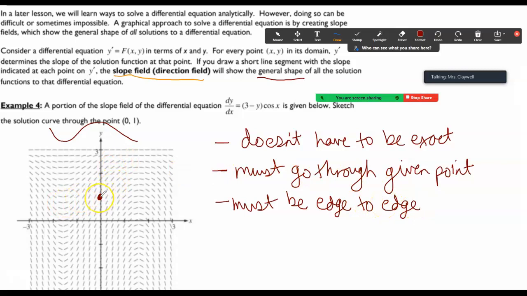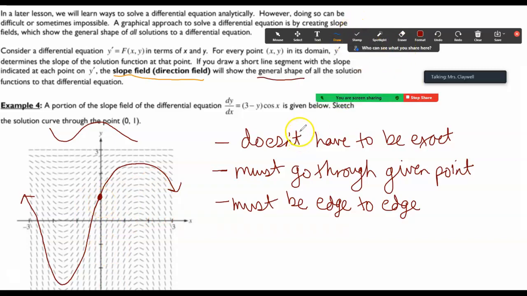It looks like it goes up and comes back down, and if I follow this way, it goes down and then comes back up. I'm not loving the end of that, but it does not need to be exact. We're just following the general shape of the line, and as long as you go edge to edge and through the point, it's good.